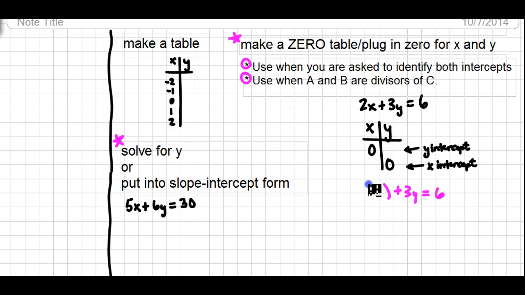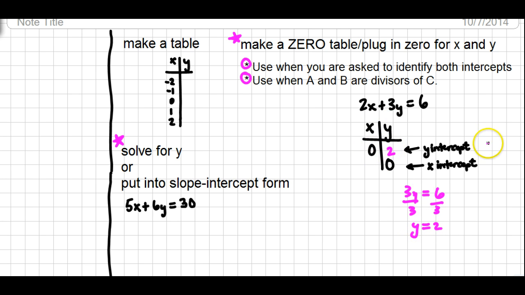So when we plug in 0 for x, the 2 and the x and the 0 all cancel out, leaving us to simply solve 3y equals 6. To solve for y, we would divide by 3, and so we get a value of y equals 2. So when x was 0, y is 2. Keep in mind that that is a coordinate, (0, 2), and it is the y-intercept for the graph.